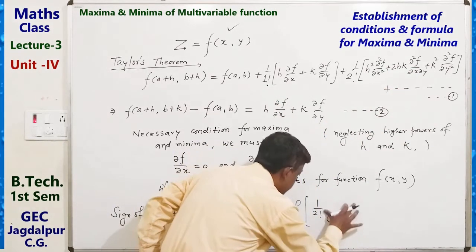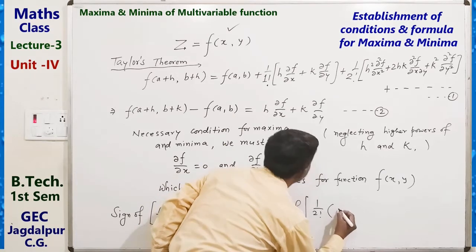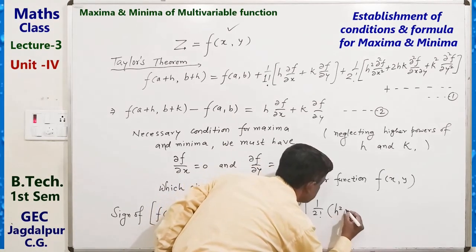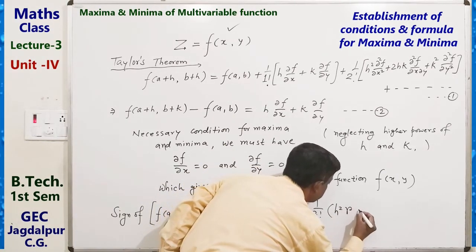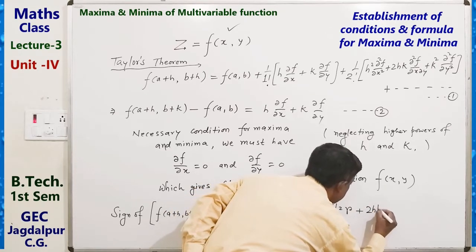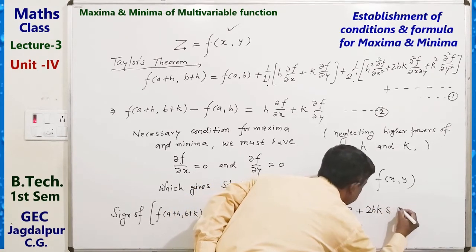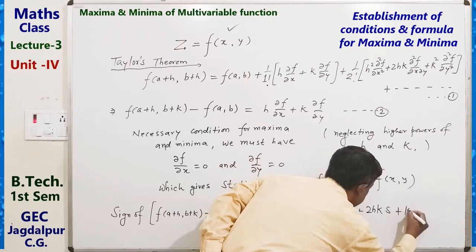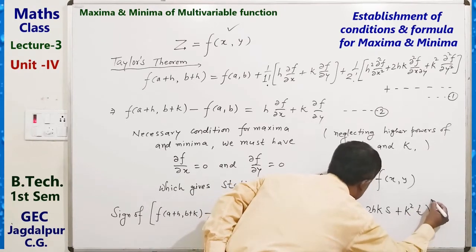So we can write here h square r plus 2hk s plus k square t.